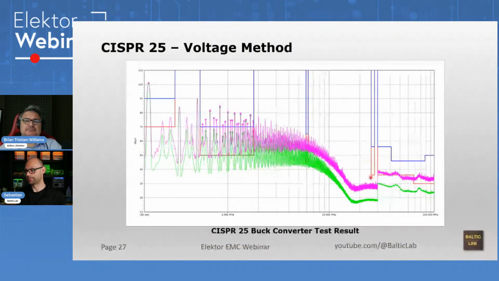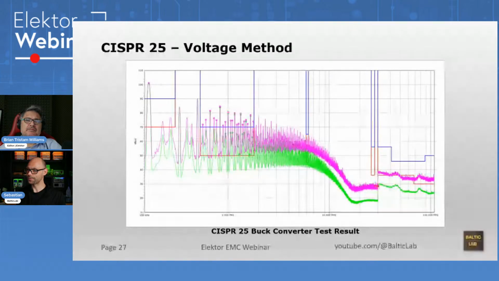Another thing I'd like to point out, you notice that here at the 30 megahertz mark, all of a sudden this all jumps up. This is not because the noise level really jumps up. It's the things that we haven't talked about, won't talk about. The resolution bandwidth up to 30 megahertz is 9 kilohertz.